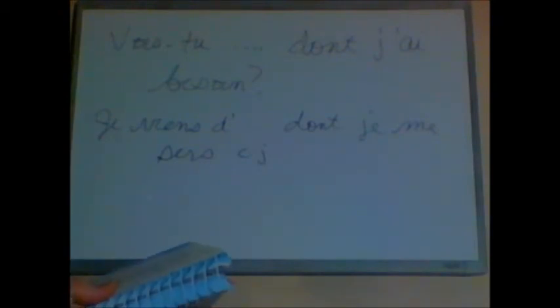Numéro 6. Ce bracelet-montre est beau. Le prix de ce bracelet-montre est réduit. This wristwatch is beautiful. The price of the watch is reduced. So we have le prix de ce bracelet-montre. That's a possessive example. So we're going to use dont.